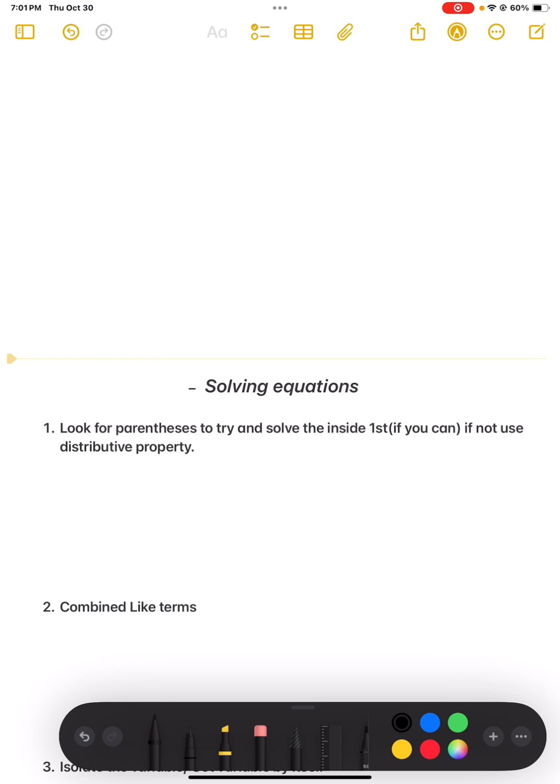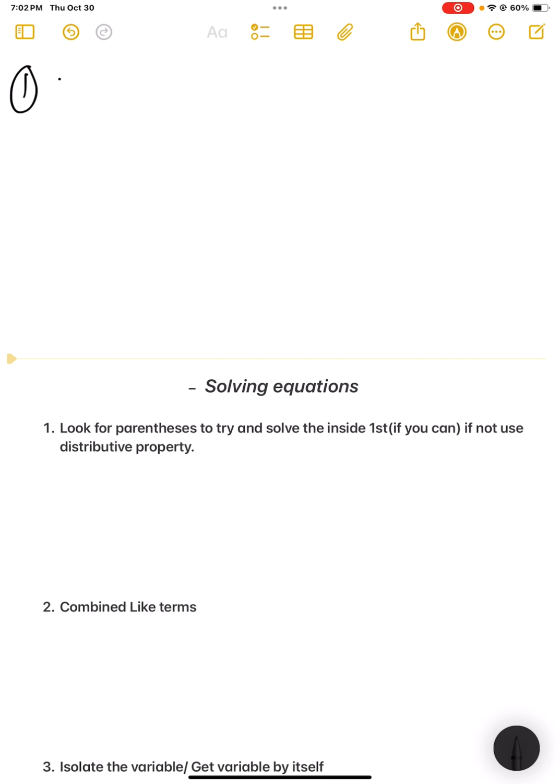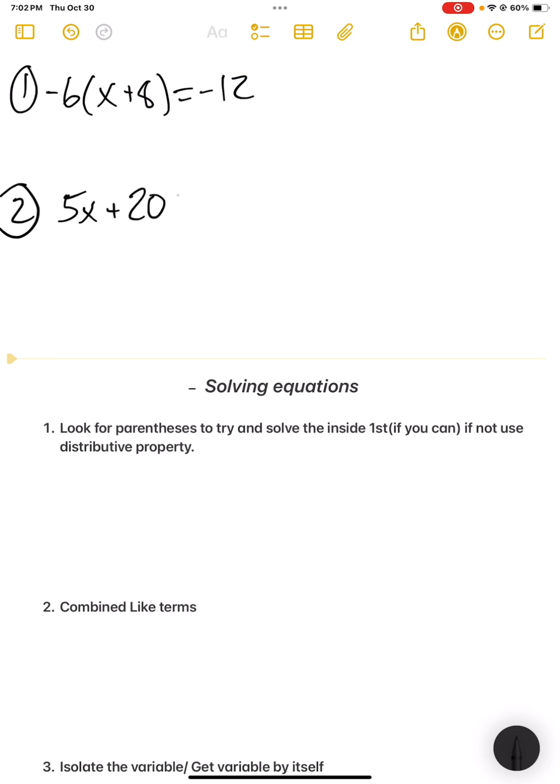So the first problem you get will be negative 6x plus 8 equals negative 12. So try to solve that one. Another problem you get will be a little easier: 5x plus 20 equals 55.